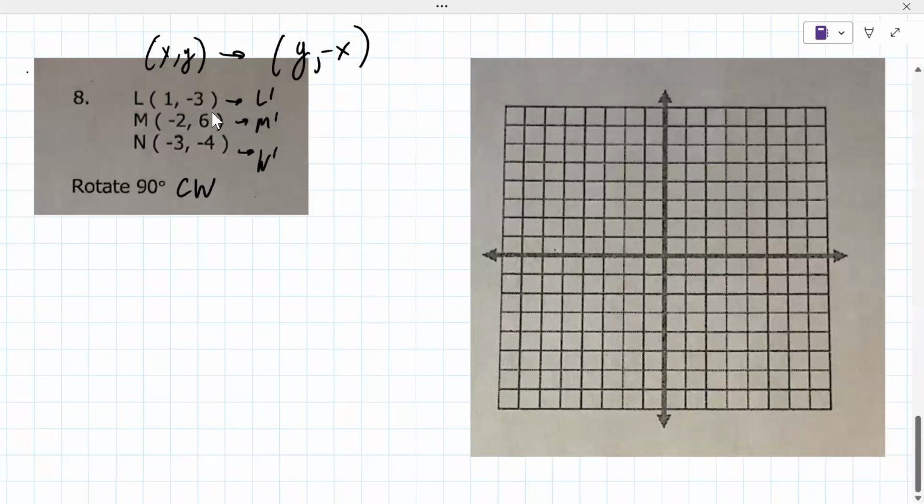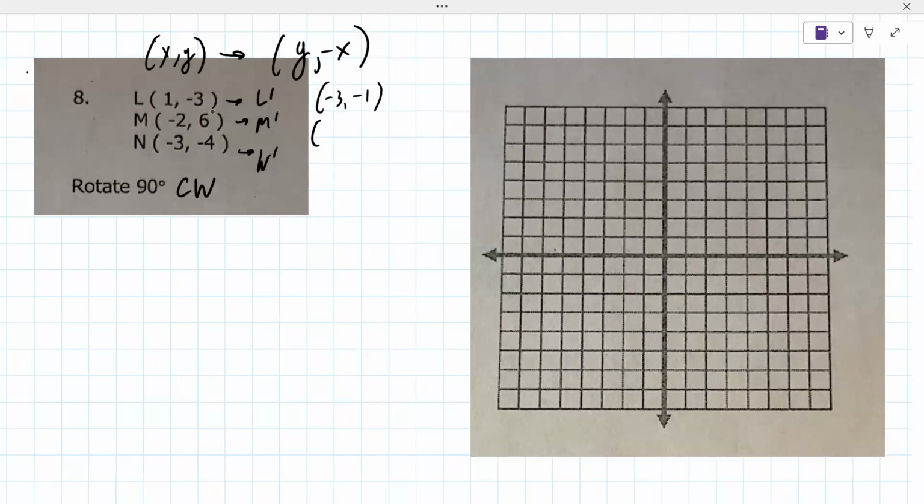So give those a try here for L, M, and N. See if you can come up with that. Okay, so L prime is -3, -1.